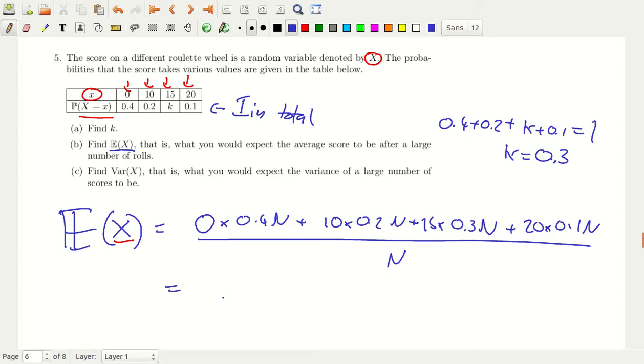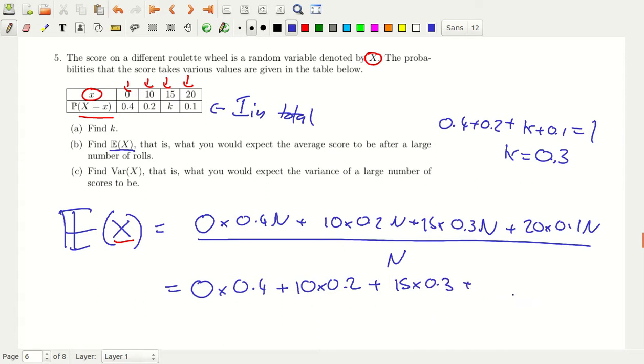So what you actually get, and we will use this directly next time, is you multiply each value by its corresponding probability and then don't divide by anything. So it's very similar but slightly different to finding the mean of a list of numbers, in that you multiply the numbers by the probabilities rather than by the frequencies, and then you don't need to divide by the total frequency, because the total probability now is 1.